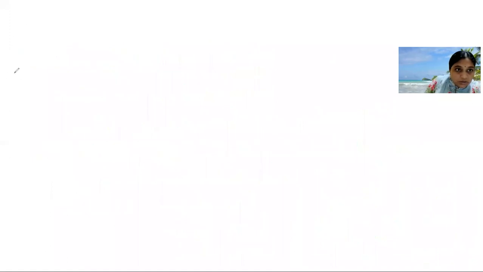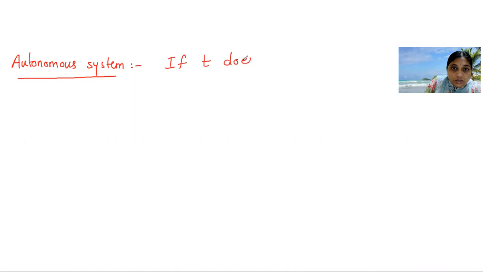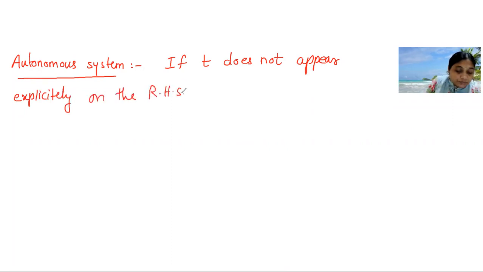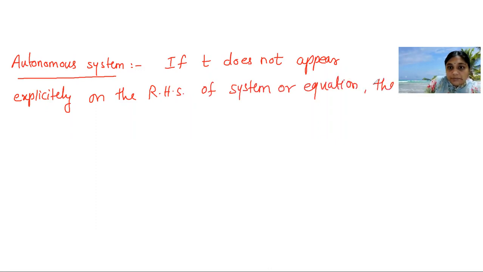So what is an autonomous system? If t does not appear explicitly on the RHS of the system or equation, then that system is said to be an autonomous system.